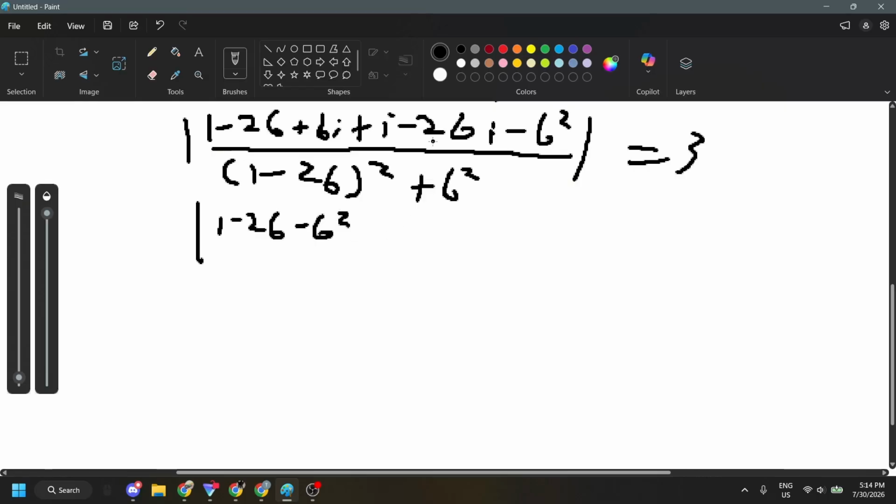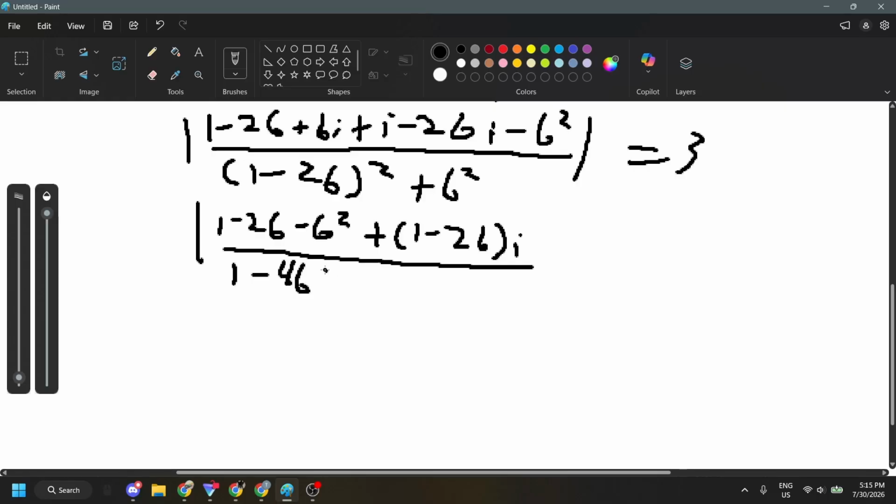Then all the i's we have i minus 2bi plus 1 minus 2b times i, all over 1 minus 4b plus 4b squared plus b squared.